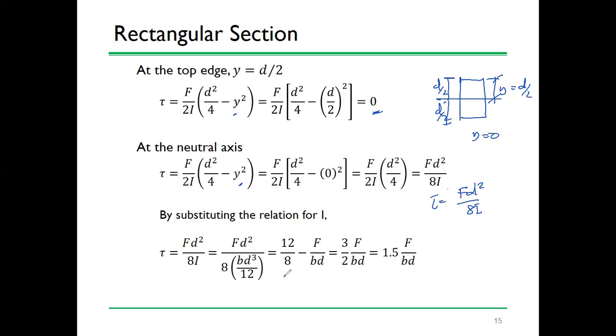Because this is a rectangular section, the I is BD cubed over 12. If we substitute this into this equation, what do we get? We are going to get 1.5 F over BD. In other words, 3 over 2 F over BD.